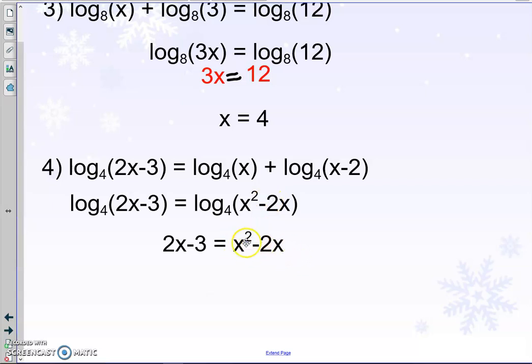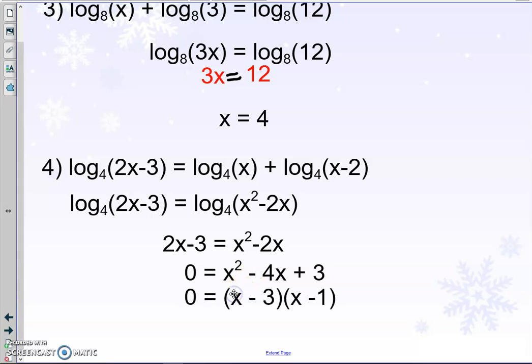Ooh, we've got a quadratic, which means we're going to have to move everything over to one side. X squared minus 4x plus 3, everything moved over to the right, and we're going to have to factor this. So we factor this, and then we solve. The quantity of x minus 3 times the quantity of x minus 1 is equal to 0. That means x must equal 3 or 1.